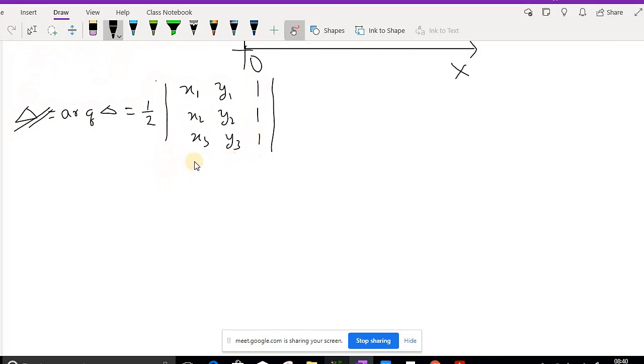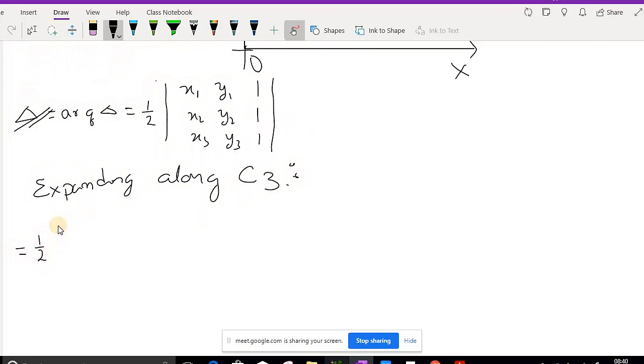Those who know the properties can use them to make this one 0 first, then multiply, or you can directly expand. So I'm expanding along C3, column 3.